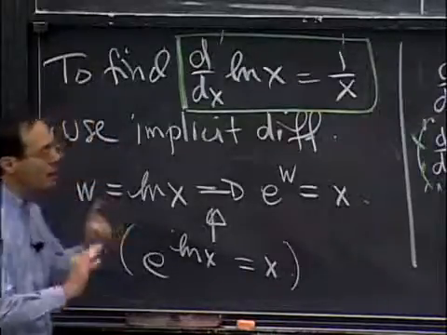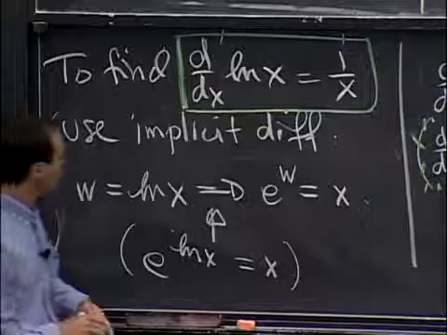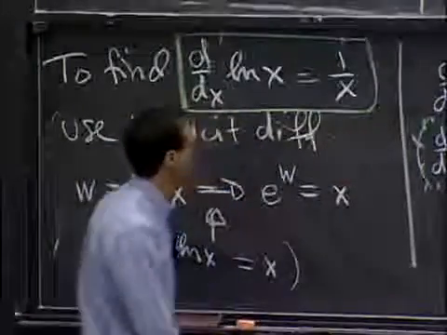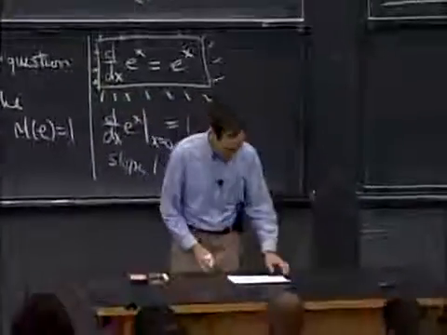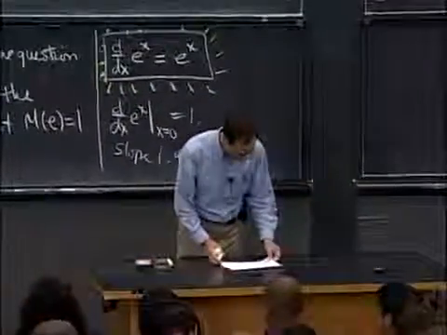All right, so now we have two companion formulas here. The rate of change of log x is 1 over x, and the rate of change of e to the x is itself, is e to the x.